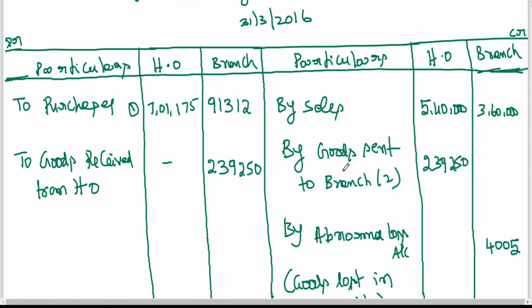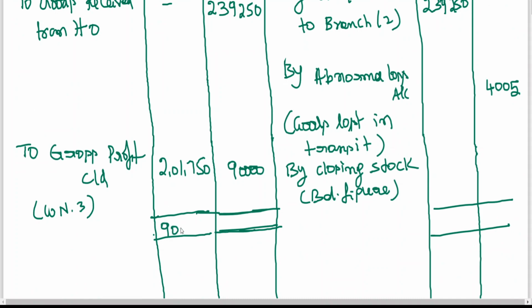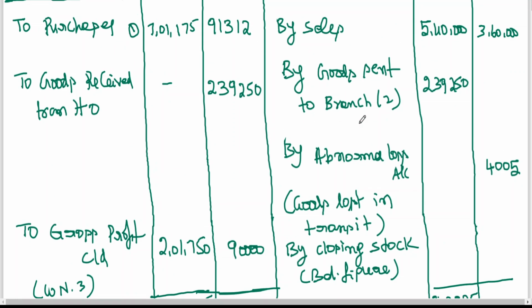How, sir? 7 lakhs 1,175 plus 2 lakh 1,750, we are getting 9 lakhs 2,925, minus 2,39,250, minus 5,40,000.